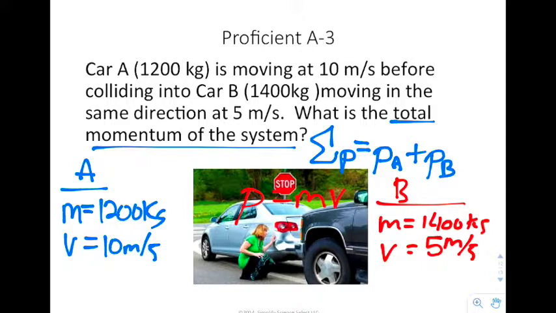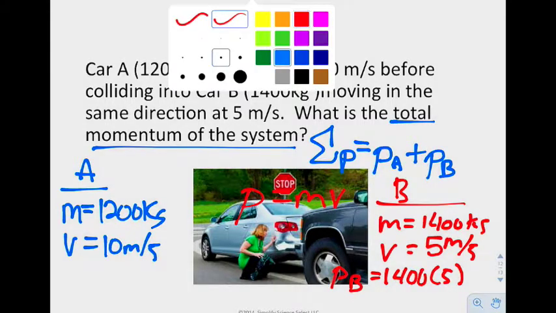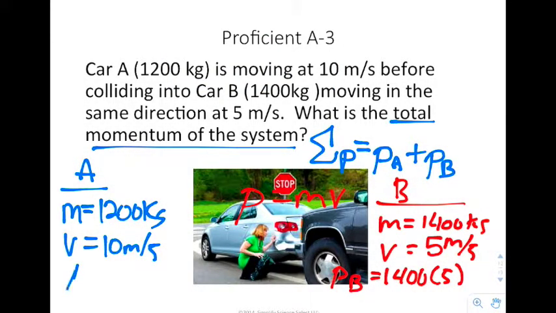So the momentum of car B is going to be 1,400 times 5. The momentum of car A, PA, is going to equal the mass times the velocity. So when I get my calculator out, 1,200 times 10 is 12,000. And 1,400 times 5 is going to be 7,000.